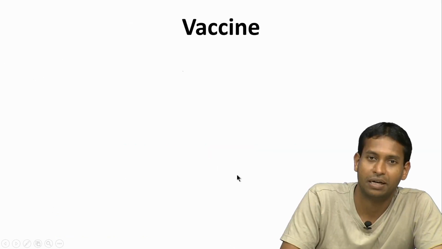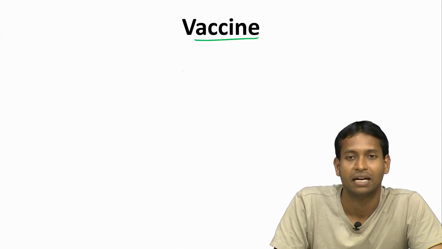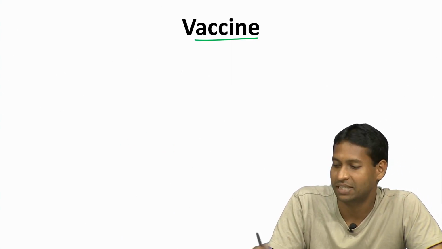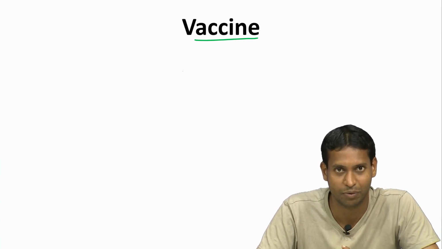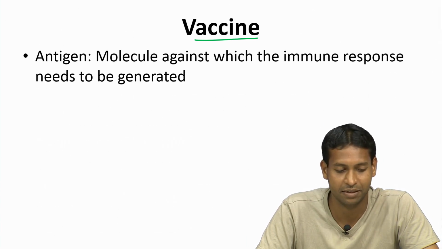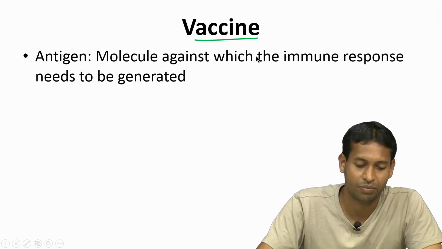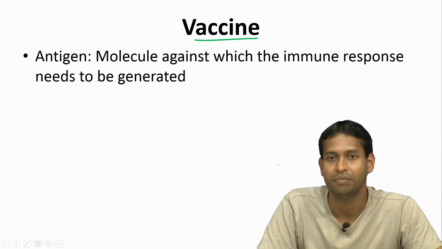Okay. So the major application of adaptive immune response comes in vaccines, and let us look at what vaccines are. I am sure most of you are familiar with what vaccines are, but let us do a quick recap on this. So I have already defined this, but an antigen is a molecule against which an immune response needs to be generated.